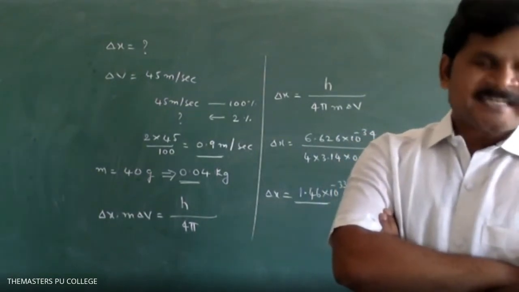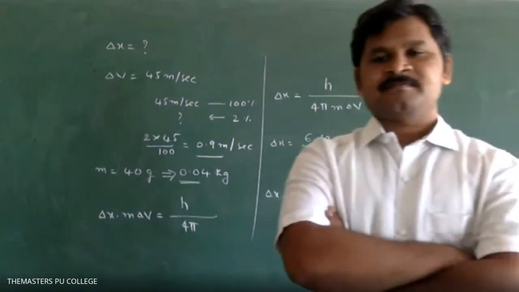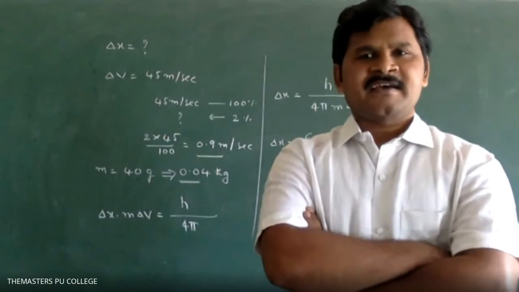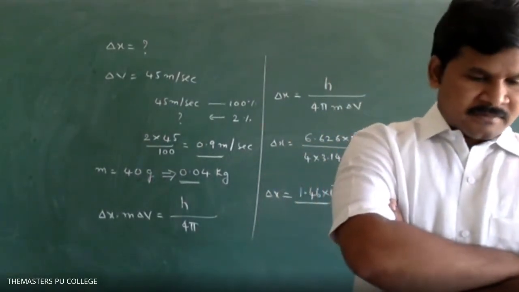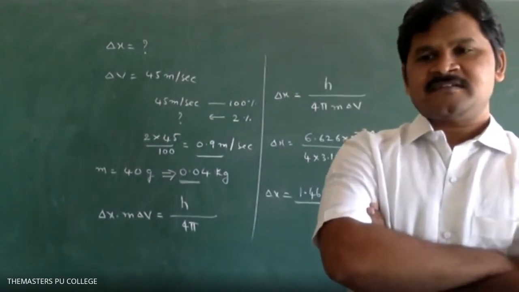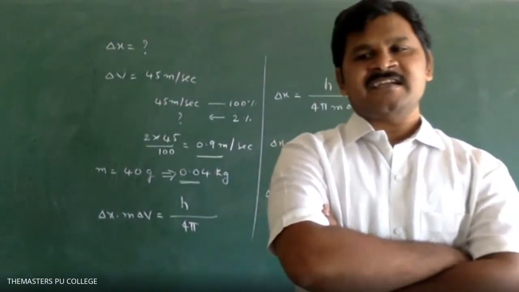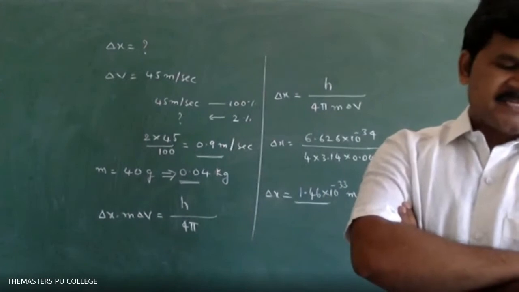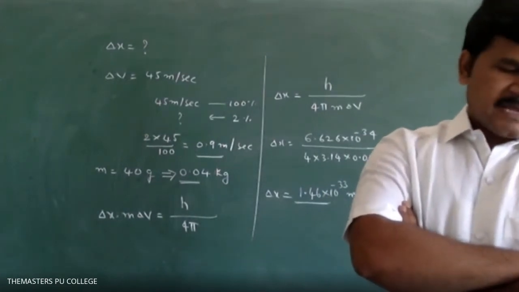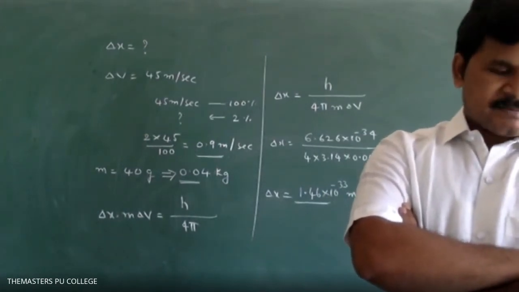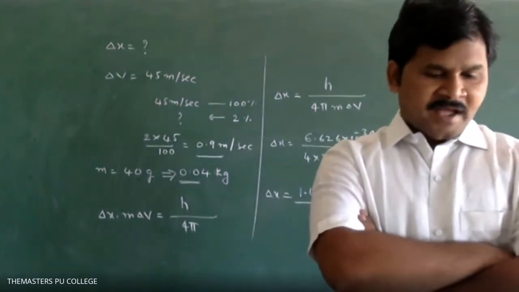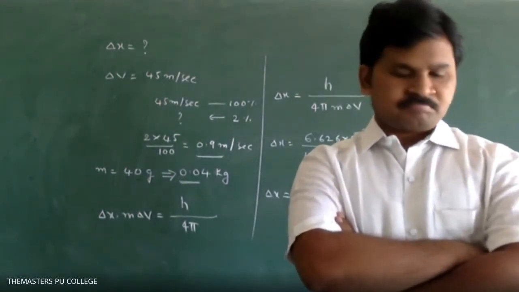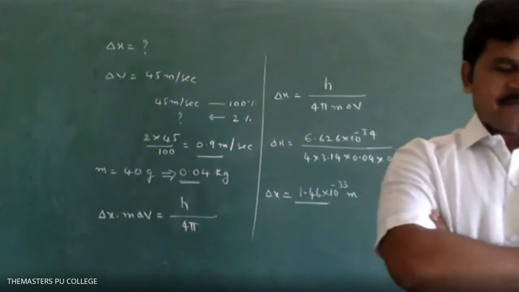What is the uncertainty in its location? I repeat. An electron has a speed of 40 meter per second, accurate up to 99.99%.